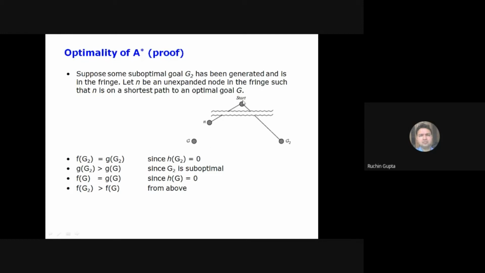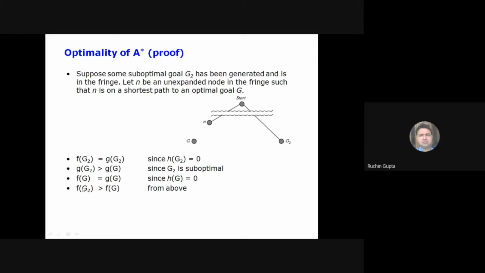And when we move from the starting node to G2, we are not getting the optimal path. So of course it has a greater cost compared to G. And g(G2) is the cost from the starting node to the node G2. Since G is the optimal path node, that's why g(G2) will be greater than g(G).